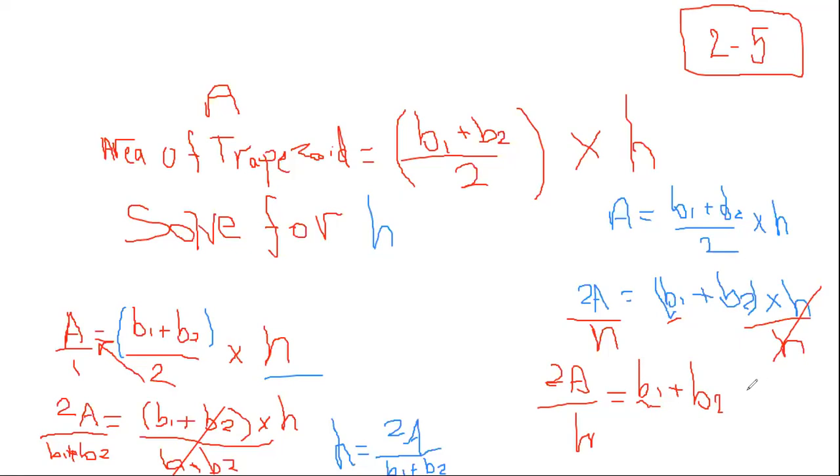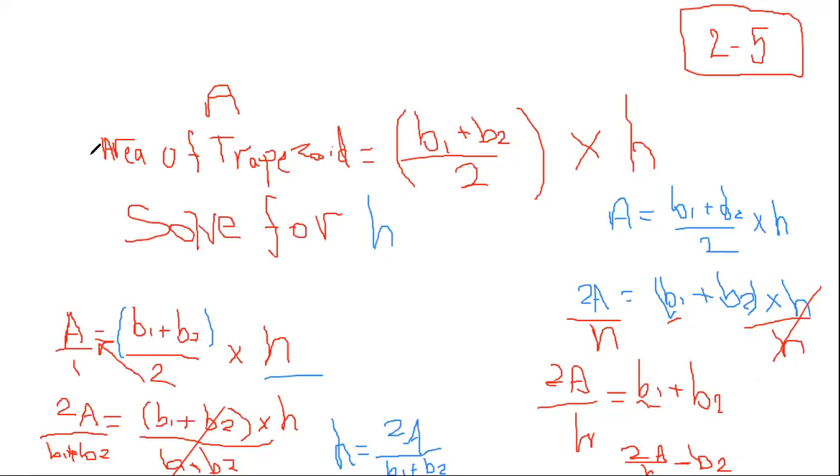So we are going to transfer it to the opposite side with subtraction. So it will be 2 area over height minus B2.